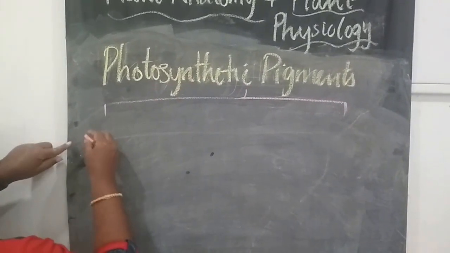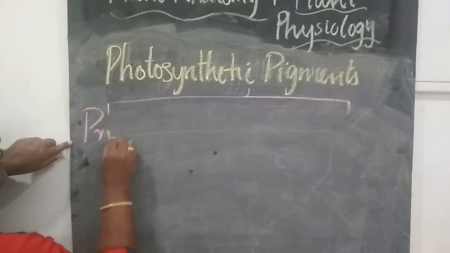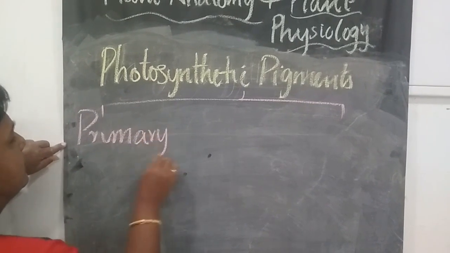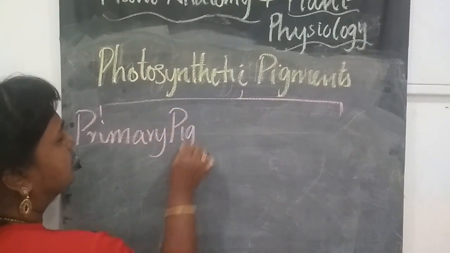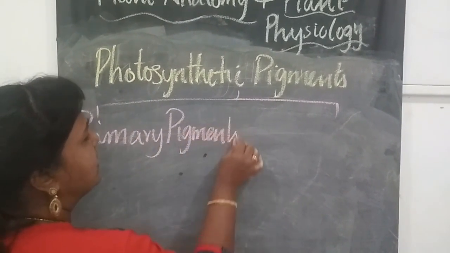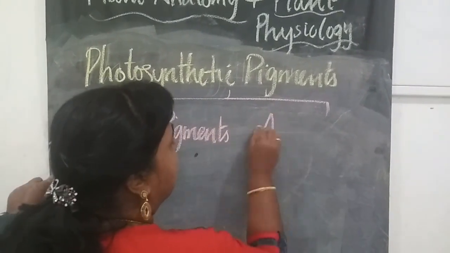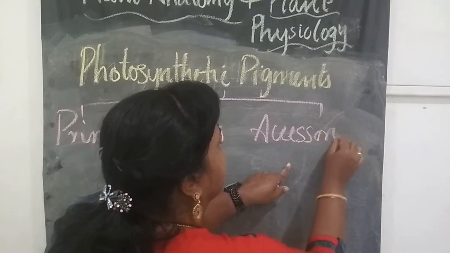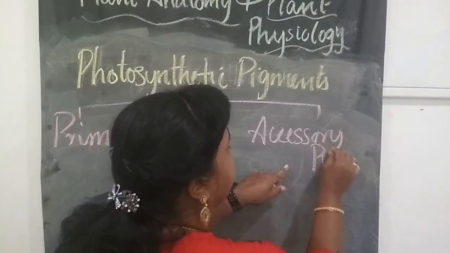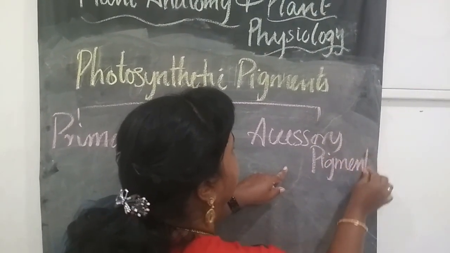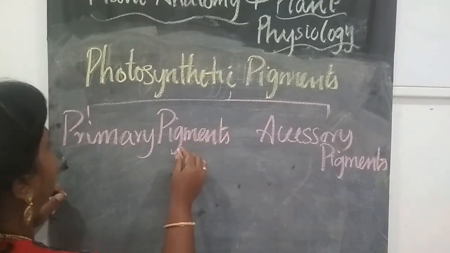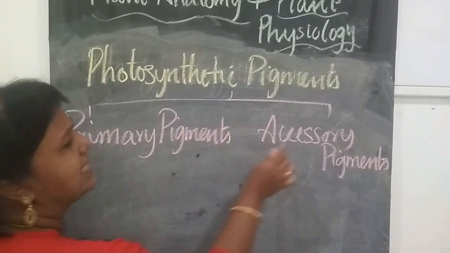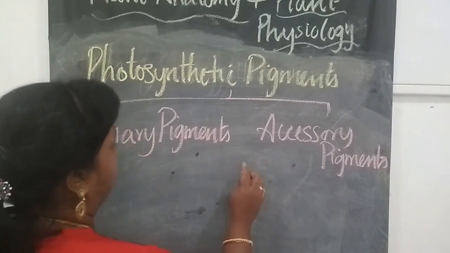One is primary pigments and the other is accessory pigments. So photosynthetic pigments are formed of primary pigments and accessory pigments.